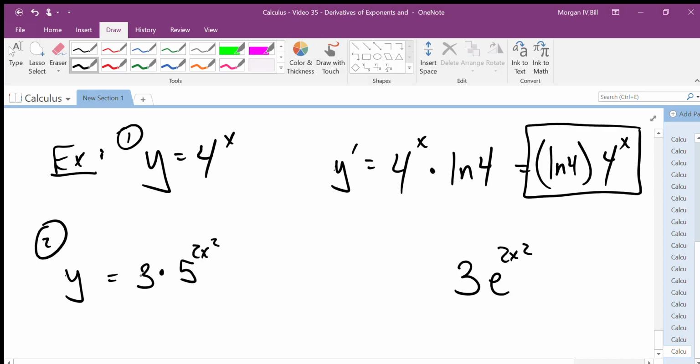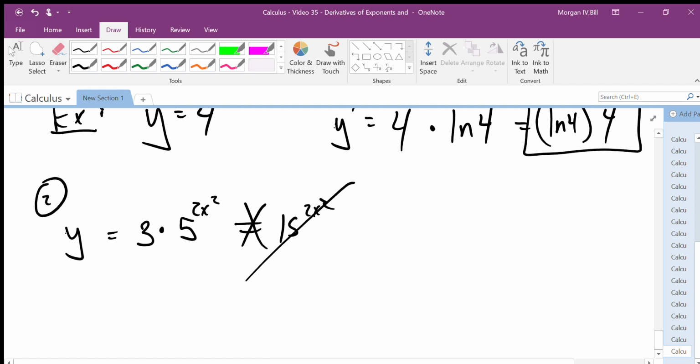But for some reason, when we have the 3 times 5, some students want to multiply those together and make that 15 to the 2x squared. That is not true. Please don't do that. You're just going to leave that 3 out there like it's a coefficient.